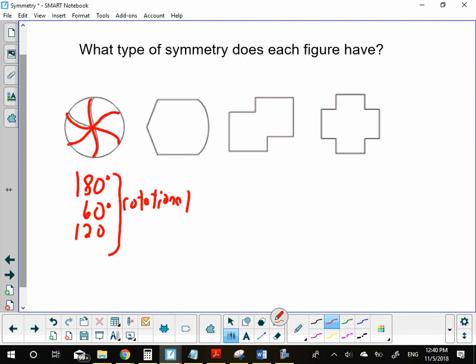And if it has 180 degree rotational symmetry, it also has point symmetry. This is the third one we talked about. So it's basically saying if I have a center point that's equidistant to everywhere.